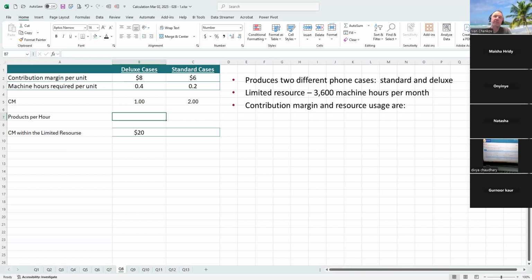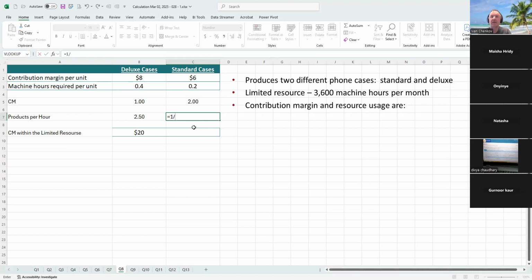What do you think? 1 divided by 0.4, right? How many items can I produce? 2.5. How about on the other one? 1 divided by 0.2. How many products can I produce? 5. How much is my contribution margin per product?